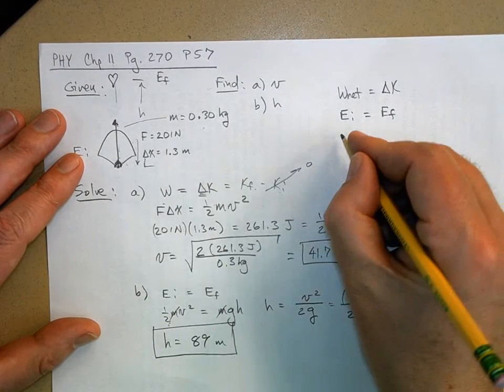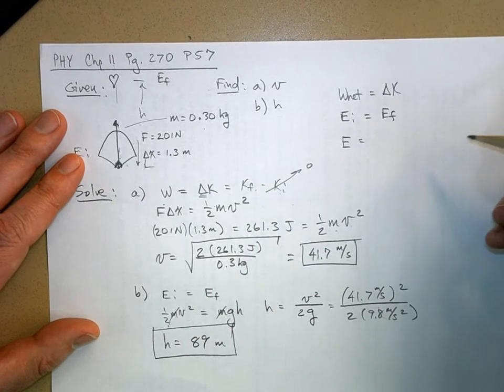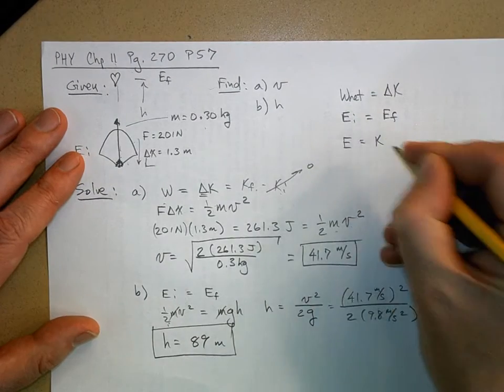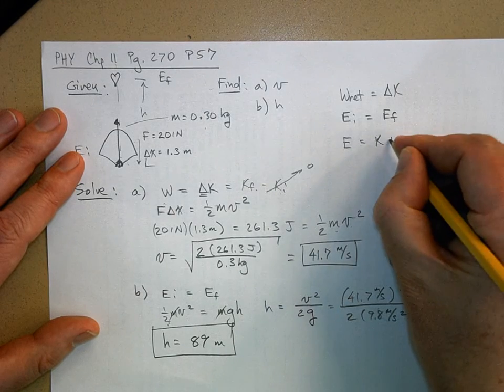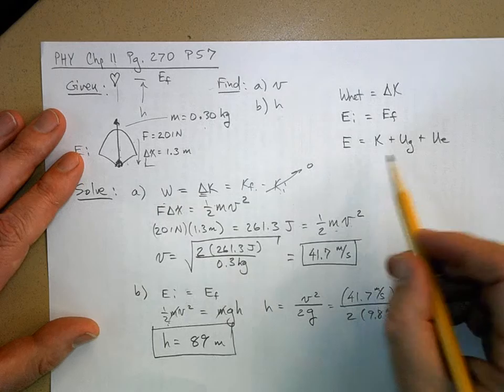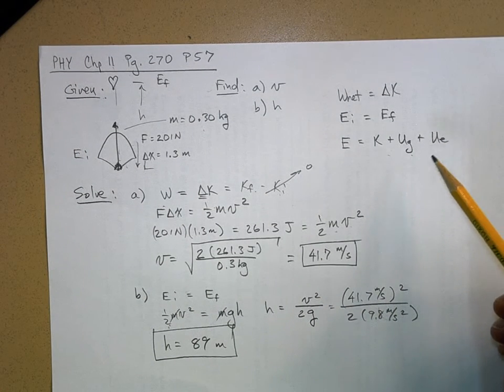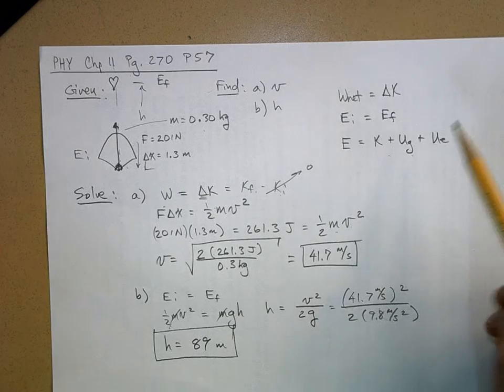And remember the definition of mechanical energy. The definition of mechanical energy is the kinetic energy of the object plus gravitational potential energy plus elastic potential energy. And usually 1 or 2 of these will be 0 at any given point, but they don't have to be.